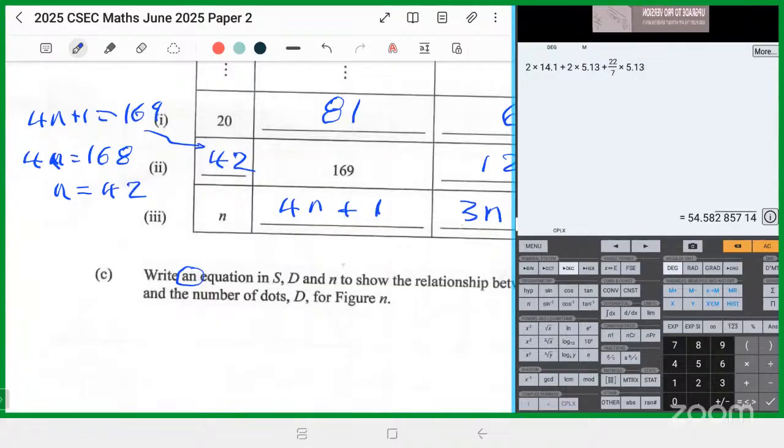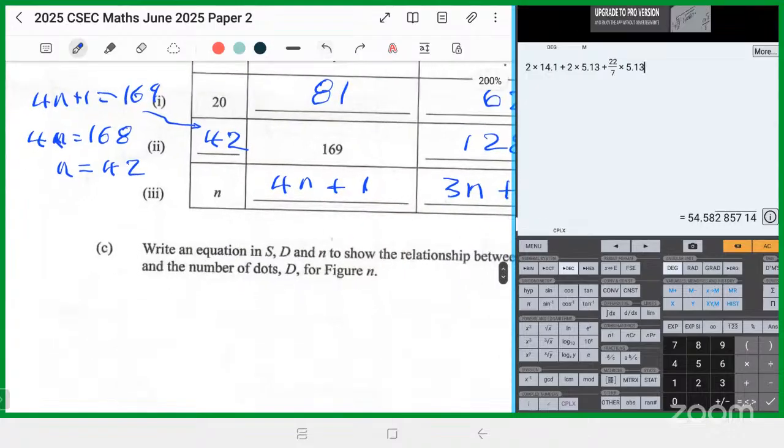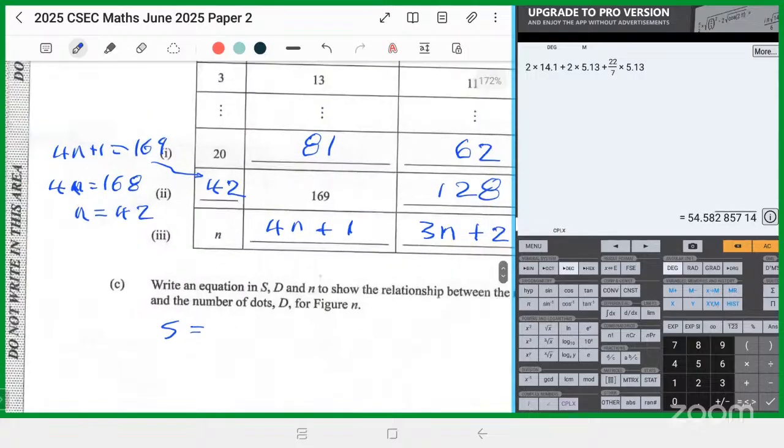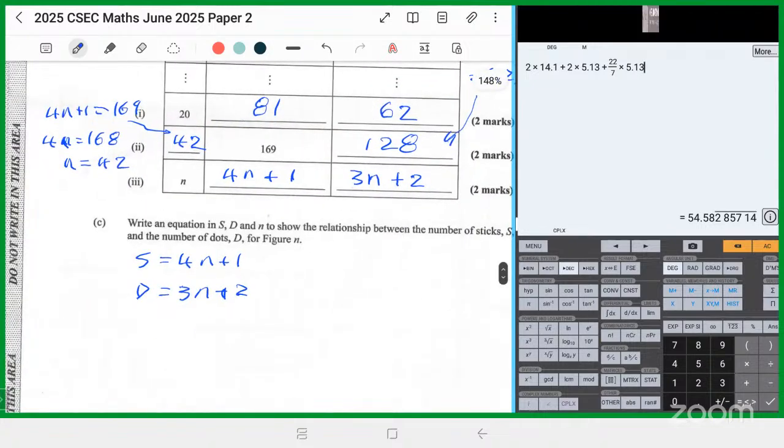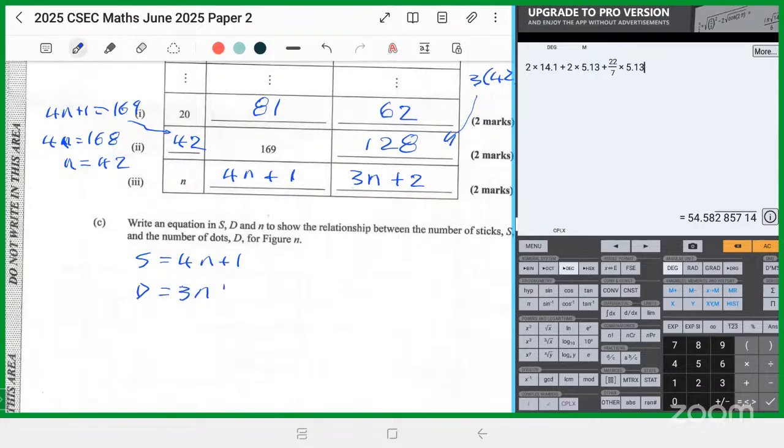An equation. So the S equals 4n plus 1, and the D equals 3n plus 2. You can connect them by adding them, or subtracting them, or dividing them. Just want an expression.